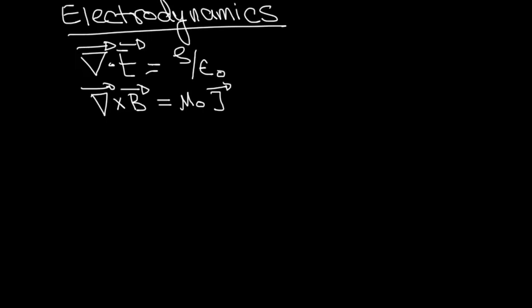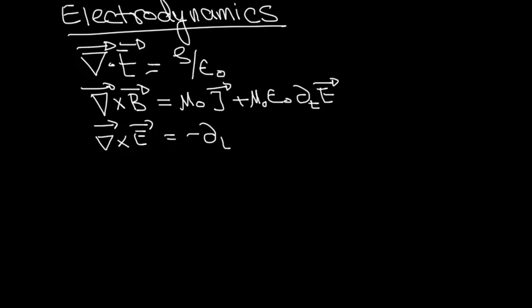Right, so we have μ₀J plus μ₀ε₀ times the time derivative of the electric field E. And then the other two equations are: curl of E is equal to negative the partial time derivative of the magnetic field B. And finally we have the divergence of B, which is 0.